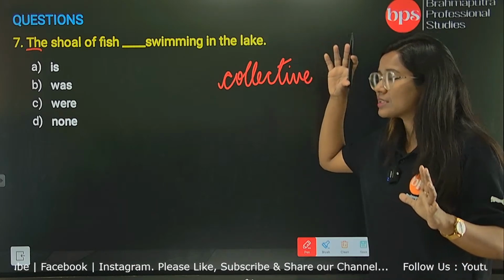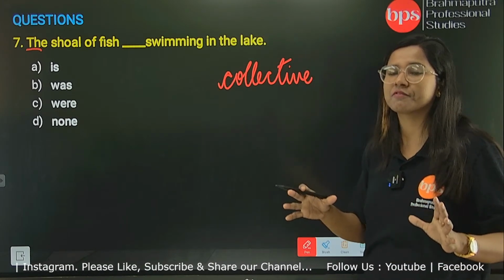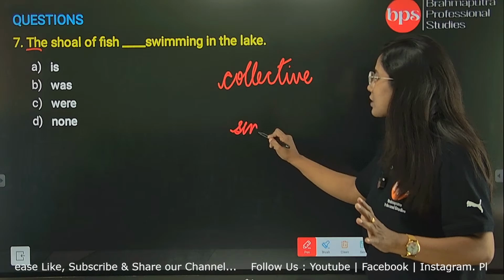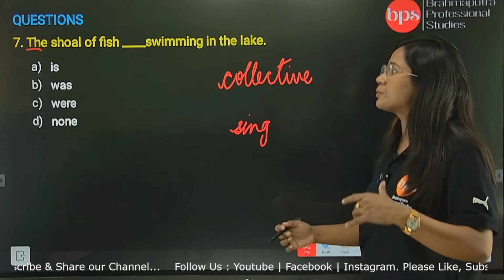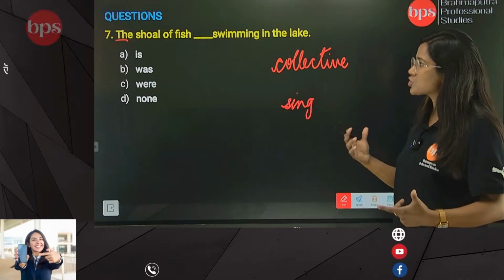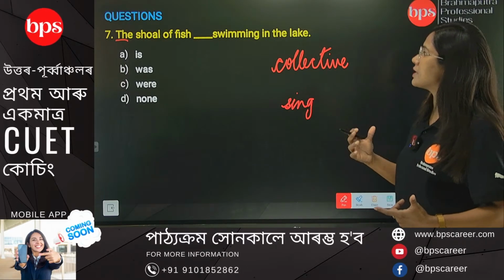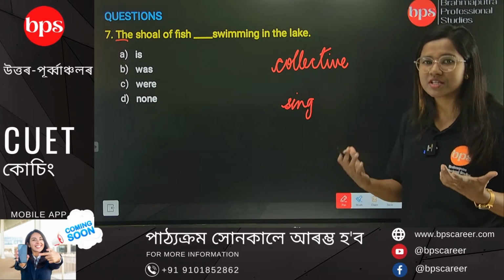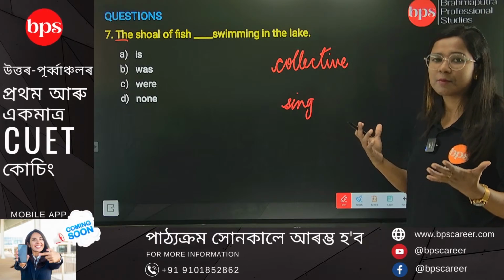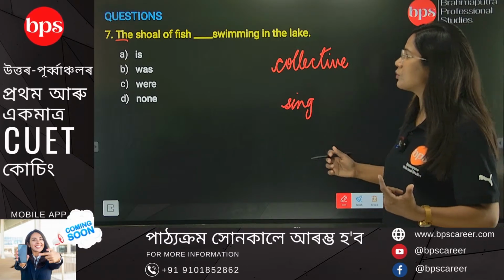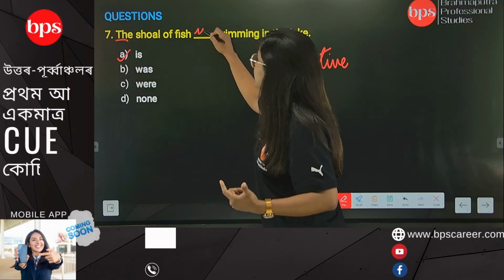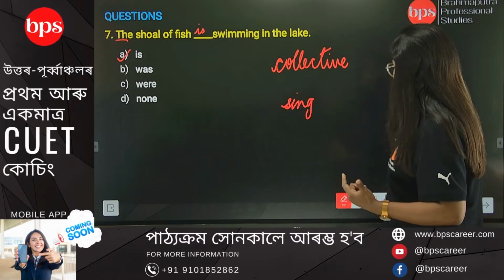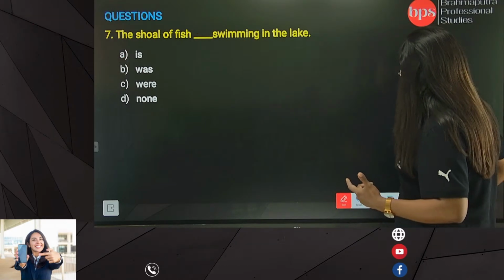So when it is the shoal of fish, it is referring to the singular form. When it is singular, we will put is or was. The shoal of fish dash swimming in the lake. Again it is in the present continuous tense, so we will put is. The shoal of fish is swimming in the lake. Hope this is clear. Moving on to the next.